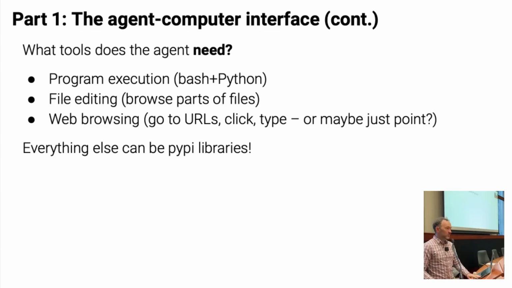So those are 2 tools. Another one is a file editing tool. The file editing tool allows you to browse parts of files and read them, overwrite them, and other stuff like this. And then we have another global search and replace tool. So it's actually 2 tools for file editing.